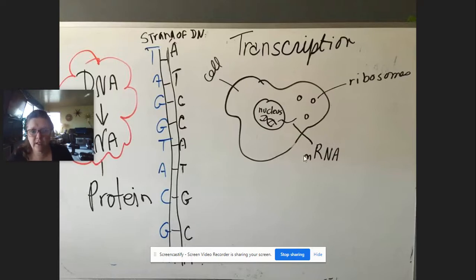So here I did a little picture of a cell. I didn't draw all the organelles, but I did draw the nucleus. And then I just drew a little representation of the DNA here in the cell. And then this little line here, remember RNA is a single strand, whereas DNA is a double strand.